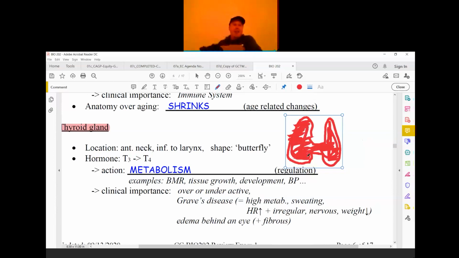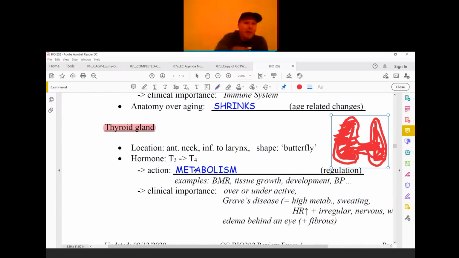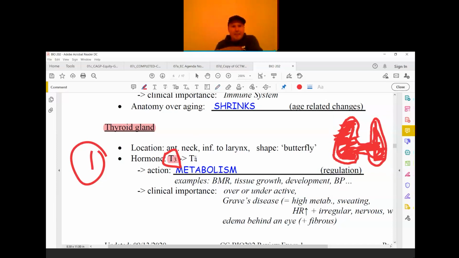So that's our thyroid gland here on the neck, just roughly where you have your Adam's apple on top of there. What the thyroid gland does is produce a hormone, and this hormone is going to be T3. T3 hormone actually gets converted into T4 hormone, and the big thing here is that these hormones play a role in metabolism, regulating your metabolism.